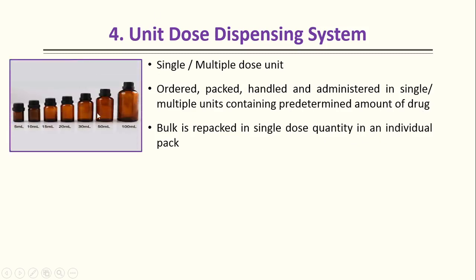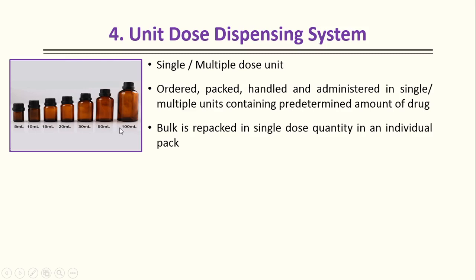You can see in this picture, here a 100 ml liquid dosage container, when the patient needs 5 ml of drug, then that bulk drug is transferred in the required amount into a 5 ml container which is required for that patient, and after that conversion from bulk to single unit or multi-unit, that container is dispensed to the patient.